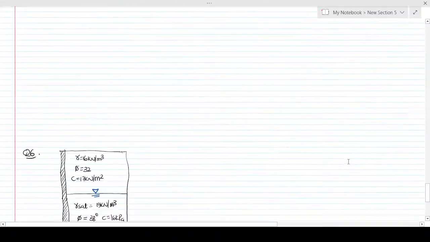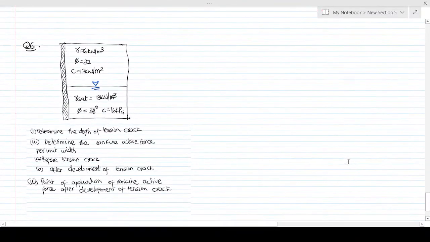Then there's the last question here. This one, try your hands on it. Let me give you the answer so that you can compare with your answer. So determine the Rankine active force and the depth of tension crack.